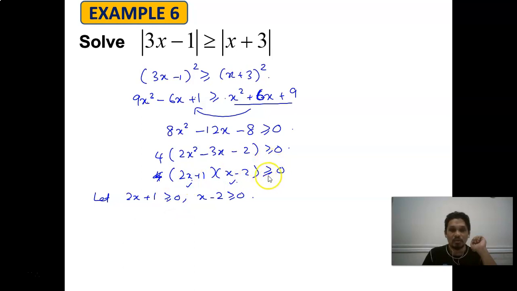It has nothing to do with this one. Assume it positive first, then x greater than or equal to negative 1 over 2 and x greater than or equal to 2. Okay, so then we got negative 1 over 2 and 2 here.